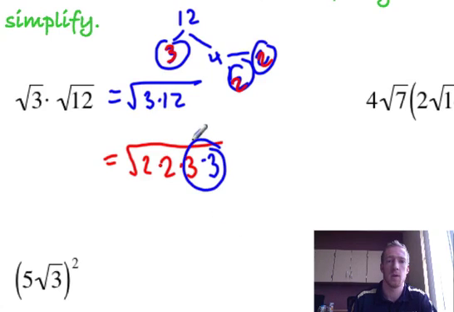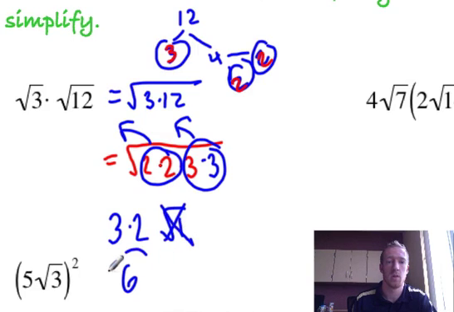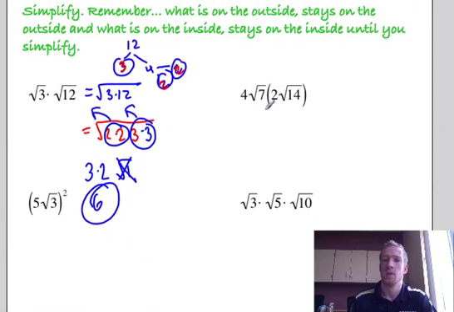So now I circle my pairs, take 1 out, take 1, 2 out, and that gives me a 6. So what am I left with underneath? Well, that simplifies completely away. So it's just 6.